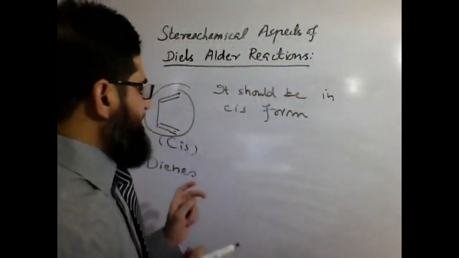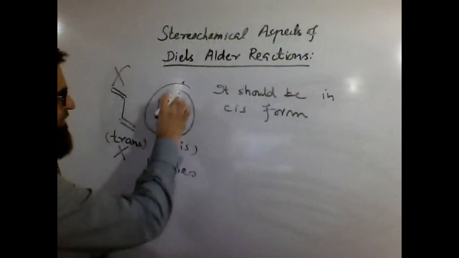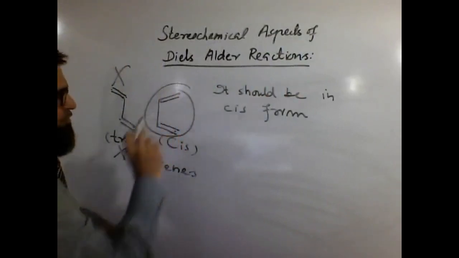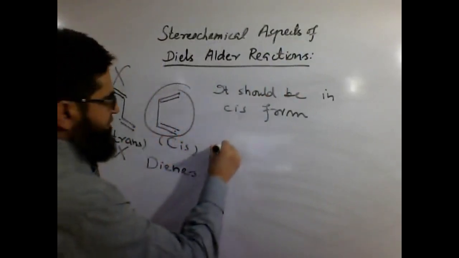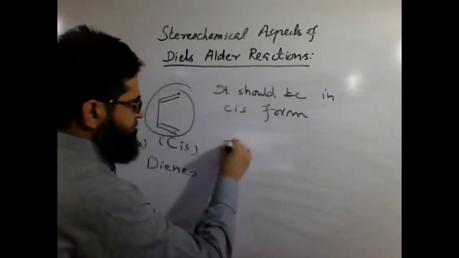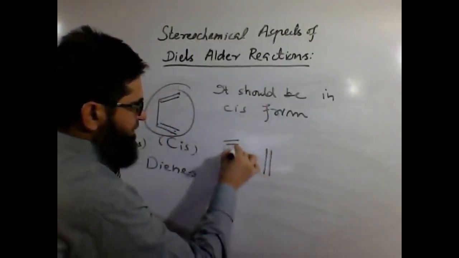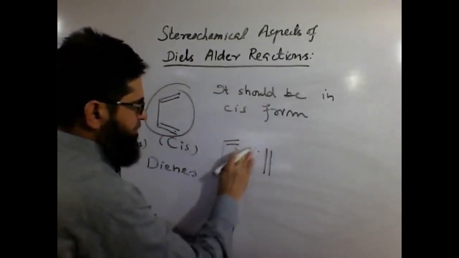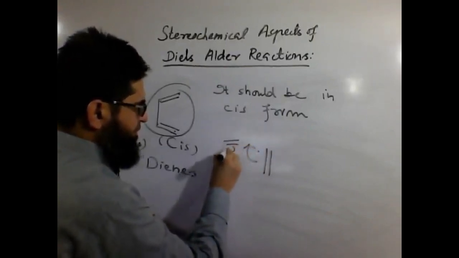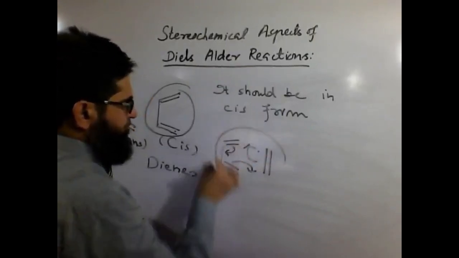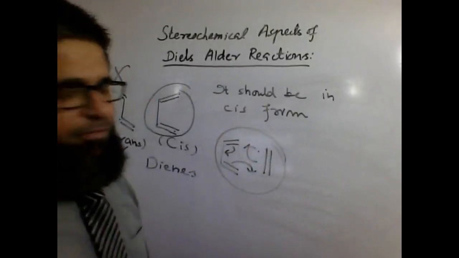Both of the double bonds are supposed to be on the same side. If they are on the same side, then they can move around to give you the product.